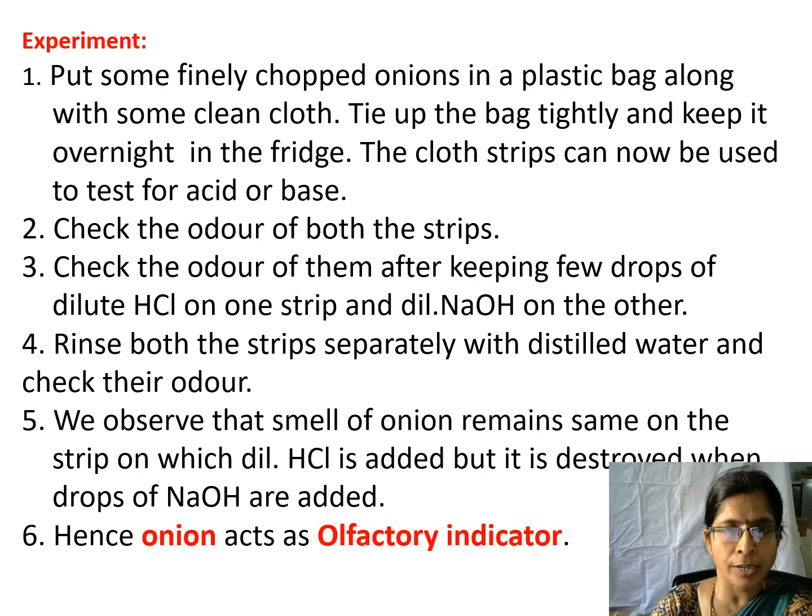Why we need to tie it tightly and keep it in the refrigerator is that the onion smell sticks to the cloth, and this cloth can be used as a tester for acids and bases. So the next day when you take out the cloth, check the odor of the strip. Cut the cloth into 2 strips and check their odor.